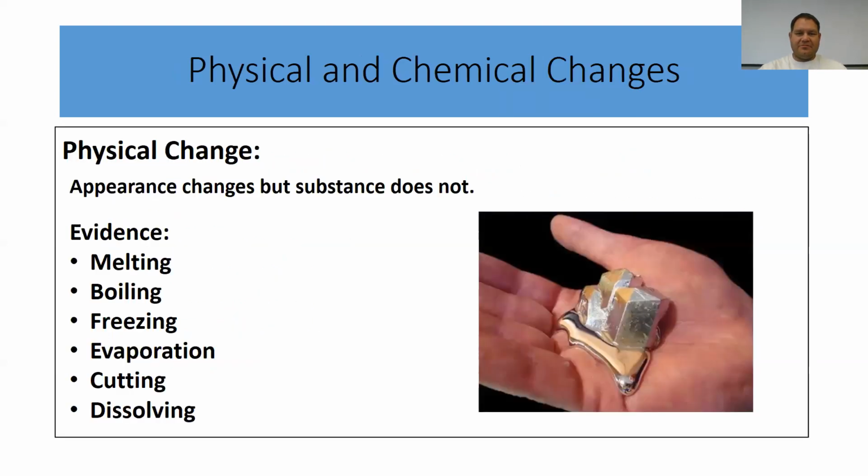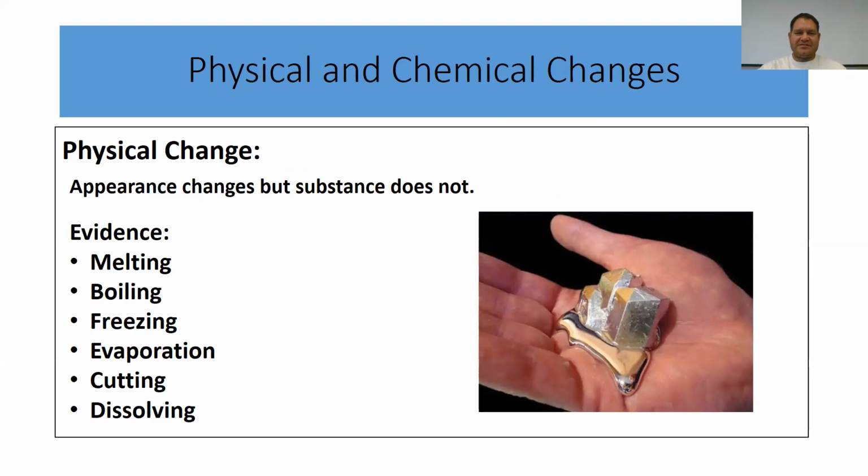All right, so now what we're going to do is get into physical and chemical changes, okay? Now, when we're talking about changes here is when we alter the substance, and so it's going through a changing state. It's changing itself. What's the outcome?